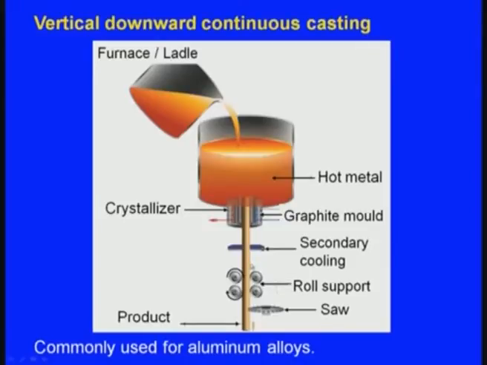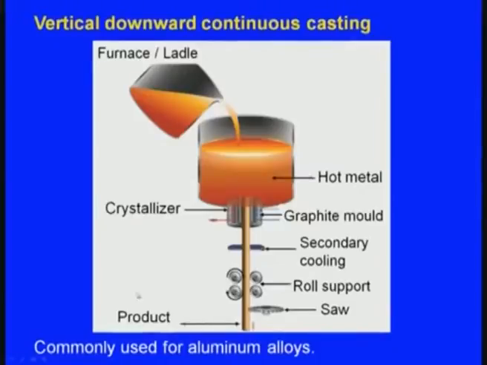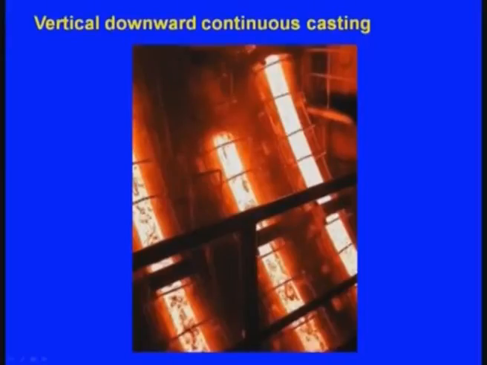These will be rotating like this, and another roll will be rotating like this, and because of that, the solidified bar will be coming down. After it is completely solidified, you see here there is a saw. It cuts periodically, and the cut bar is taken and sent for further processing. So, this is the simple principle of vertical downwards continuous casting.